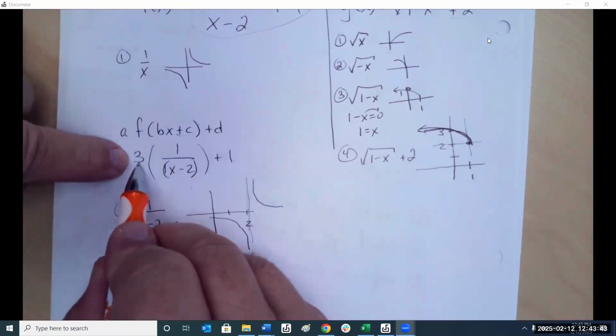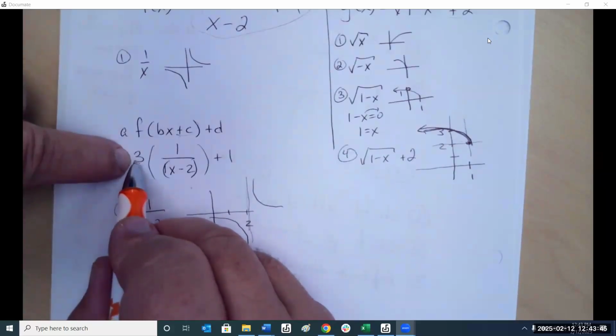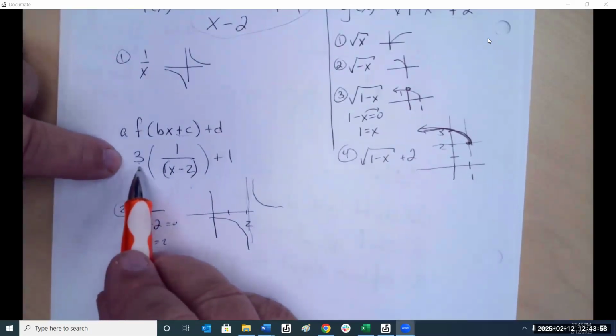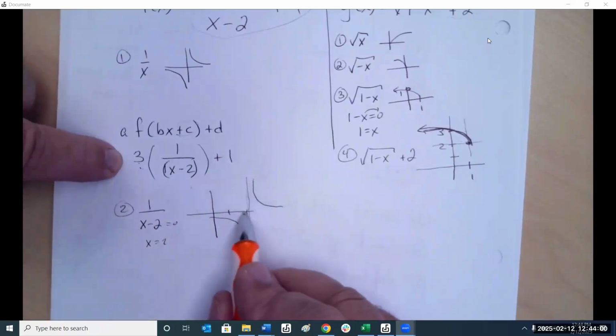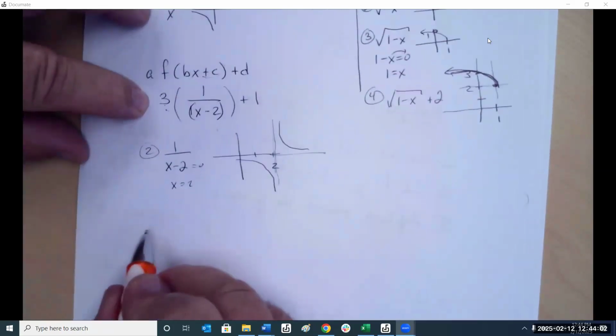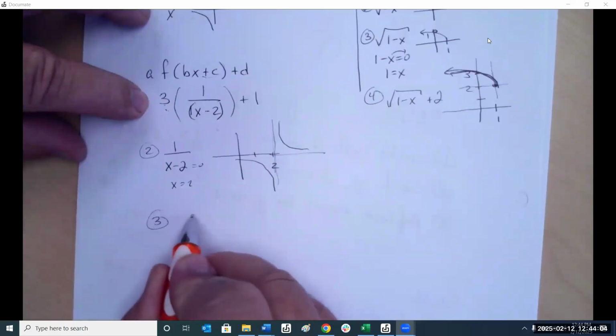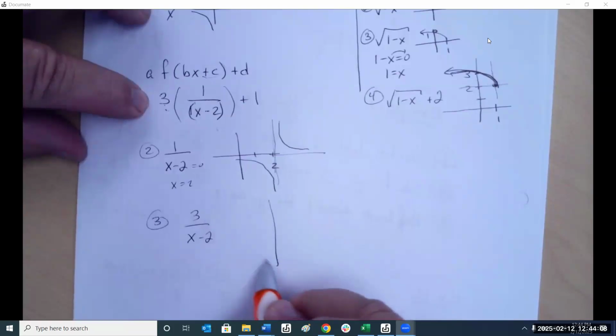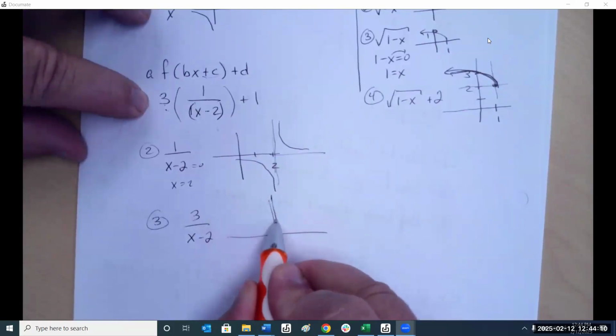The leading coefficient is a 3. It's outside the function, so it's a vertical change. Is it a shrink or stretch? Because if it's outside, it is what it is. So what I do here is now my values begin to grow a lot faster. So it grows a lot faster.